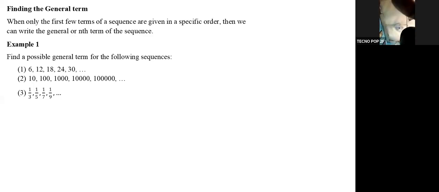Now let me tell you, I've told you the domain of a sequence must be an integer. Now if you look at this first sequence I have, 6, 12, 18, 24, 30, there is something that is common to them. What is common? 6 is common. Then if I factorize out 6, what am I going to have?